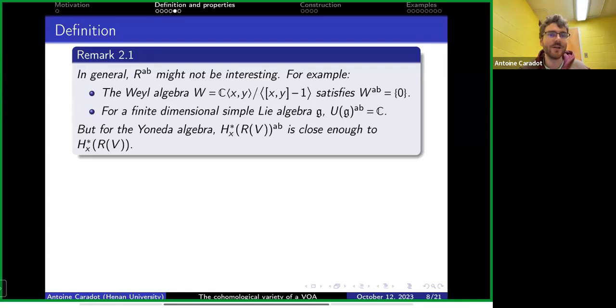First, this remark is that in general, if you take any algebra R, this abelian version may not be an interesting object. So for example, if you take the Weyl algebra, then this abelian version is just going to be 0. And if you take the enveloping algebra of some simple finite dimensional Lie algebra, you will just get the field that you started with.